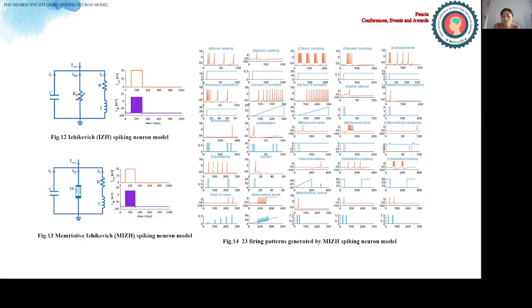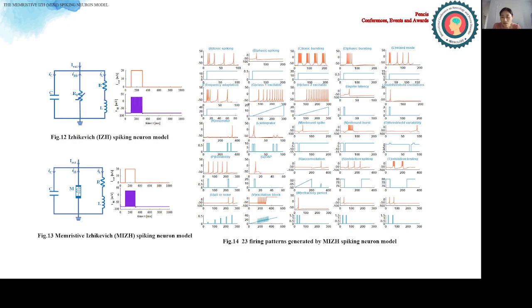The IZH spike neural model displays spiking and bursting behaviors of neurons. We combine the memristor with the IZH spike neural model, and the MIZH spike neural model is obtained. When external stimulus is applied to them, they can generate action potentials.